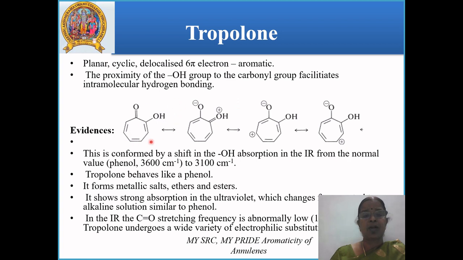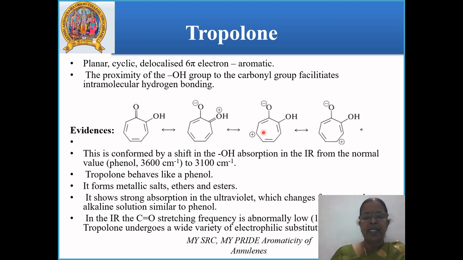Tropolone is hydroxytropone. This tropolone also exists in a polar structure due to polarization of the pi bond on oxygen. If you look at this structure, it is a delocalized 6 pi electron system. So it is aromatic in nature.